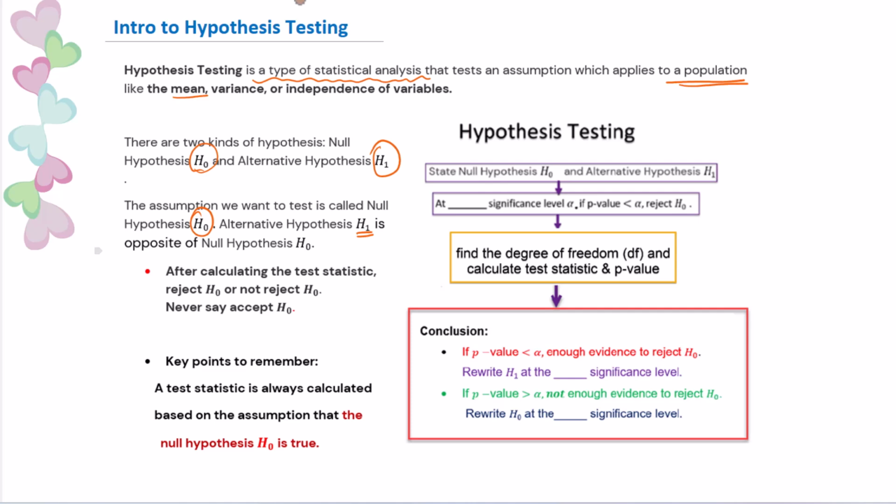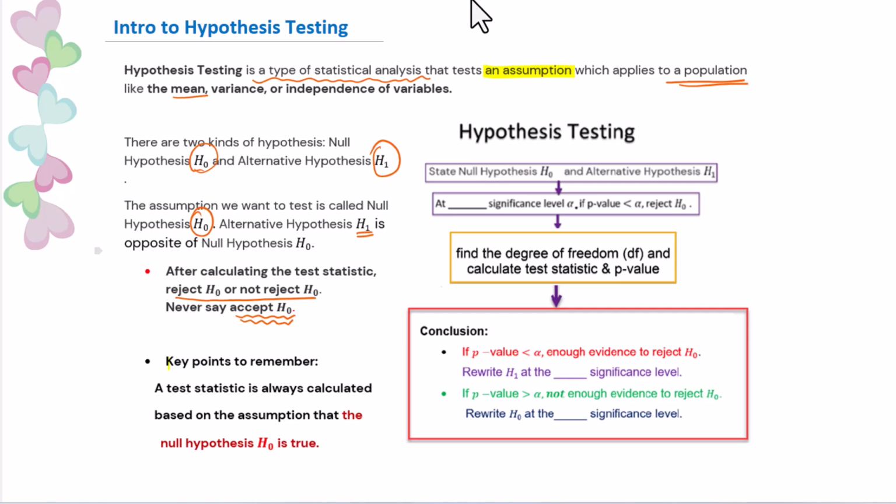After calculating the test statistic, reject H0 or not reject H0. We never say accept H0, because H0 is an assumption. It's not the fact. So we never say accept H0.